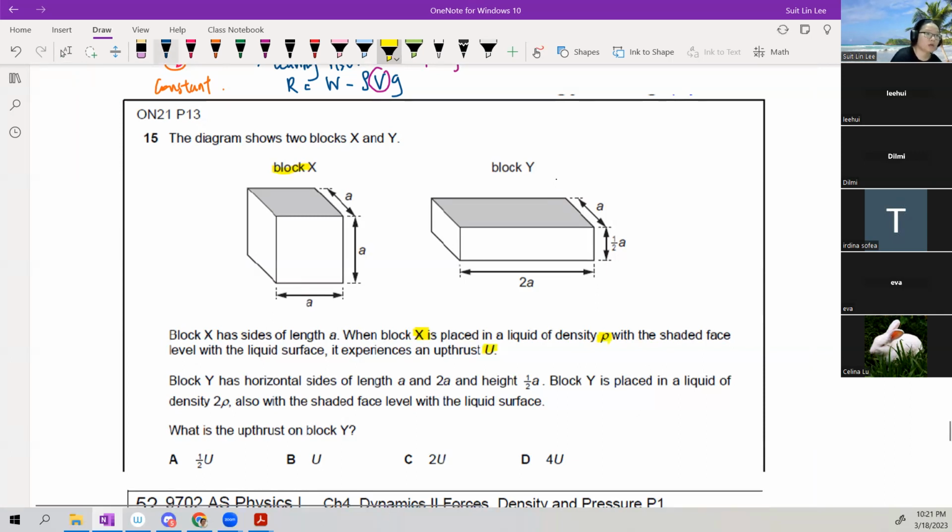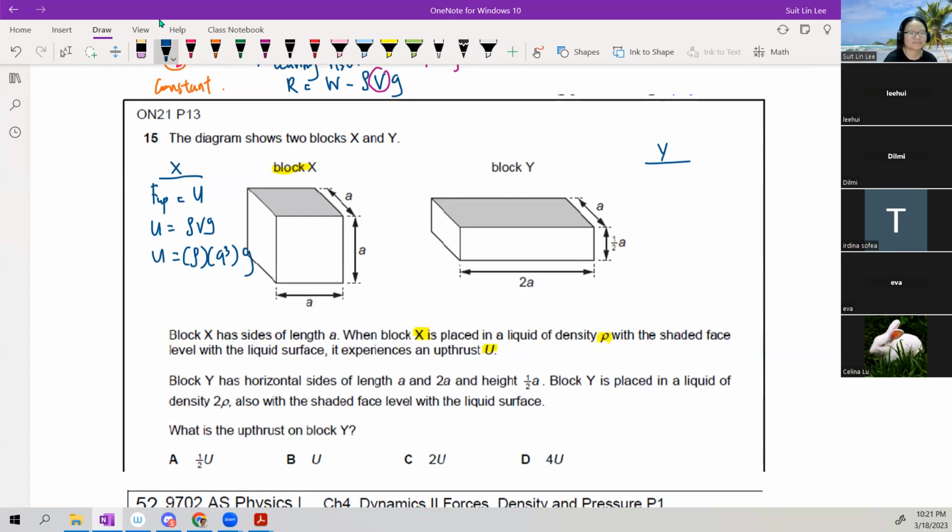Okay, I write the equation. For block X, the upthrust is equal to U. So U will be equal to rho Vg. The density is rho. The volume looks like a cubed. Even if you don't know what to do, just write it down first. This is U. Okay, part one done.